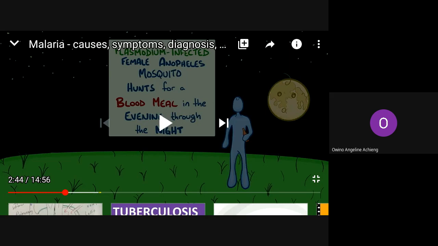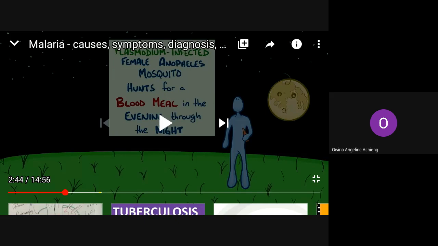So when you get these mosquito bites, no, the male mosquitoes will not come and bite you. Basically, the male mosquitoes will be eating the rotten fruits. It's the female mosquitoes that are culprits for biting you because they want to get blood so that they can feed their eggs.